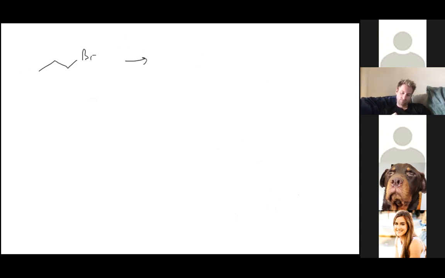Br, NaCN, followed by LAH and water. Going to make a carbon extended amine.